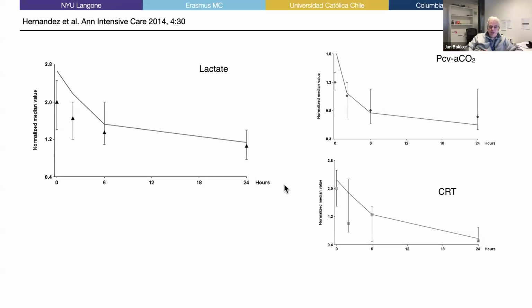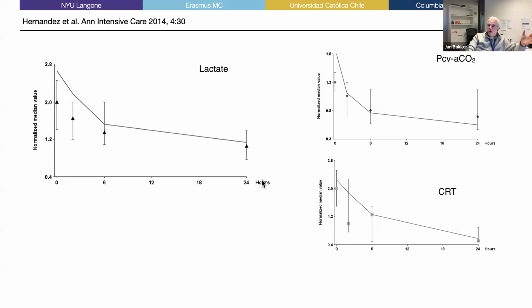Without exactly trying to determine what is early and what is late, because we used a study to look at these data, and the only data we had was 0 hours, 6 hours, 12, 18, 24. So this is not to exactly determine what is early and late, but it's showing the thought that we had.